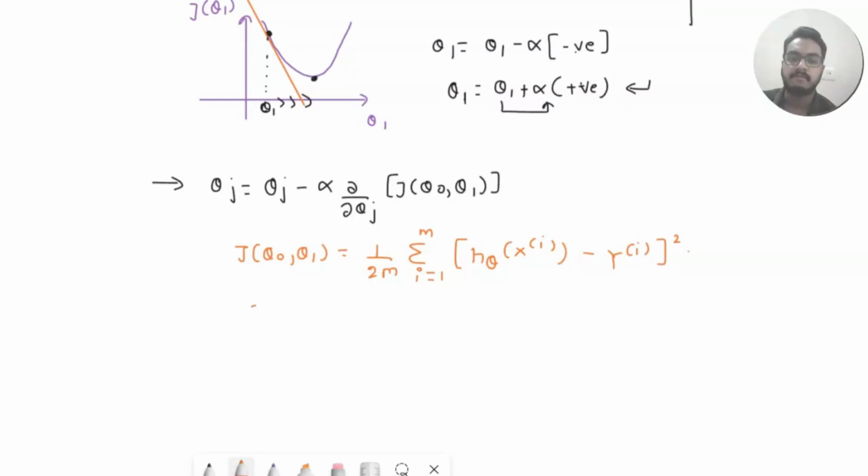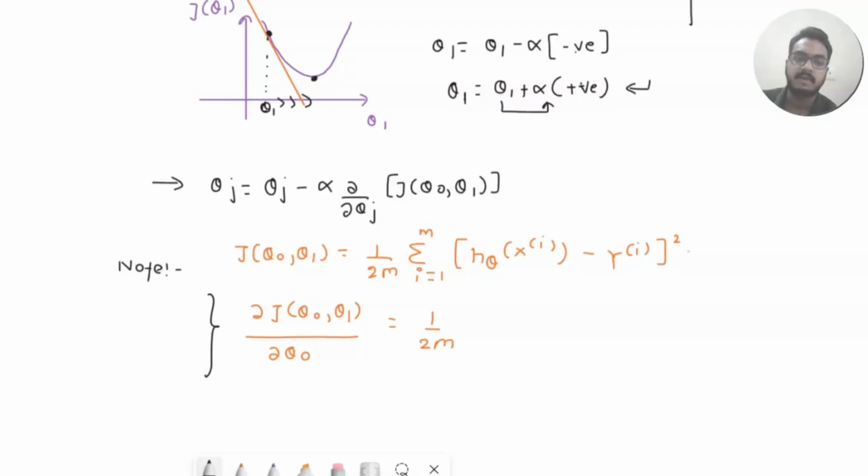So here, if I take the derivative of the cost function with respect to theta 0, what will we get? 1 over 2m is a constant. Now here we have a square. Let me write a note as well. If we have to differentiate d over dx of some term, let's say x minus 1 whole squared, we take 2 in front and then we get x minus 1 raised to 1. Correct?